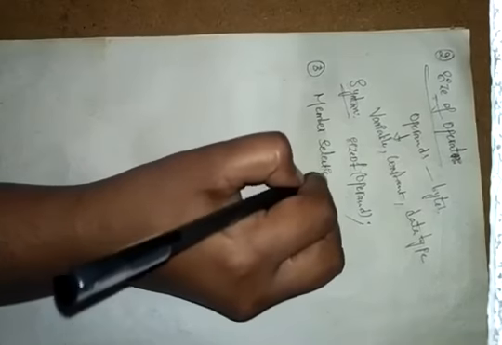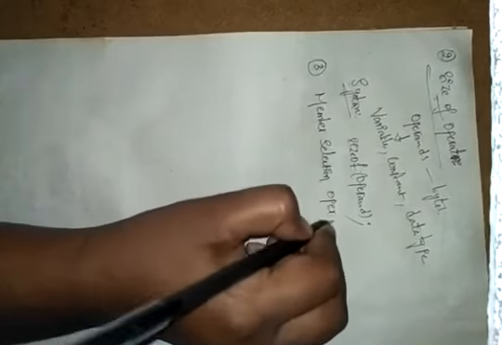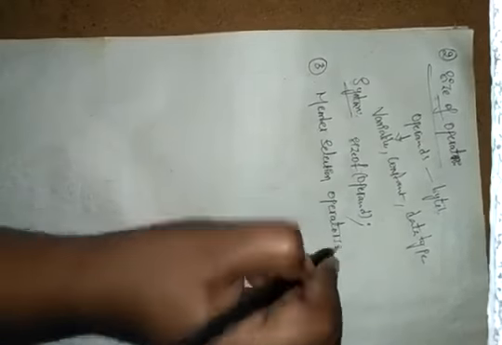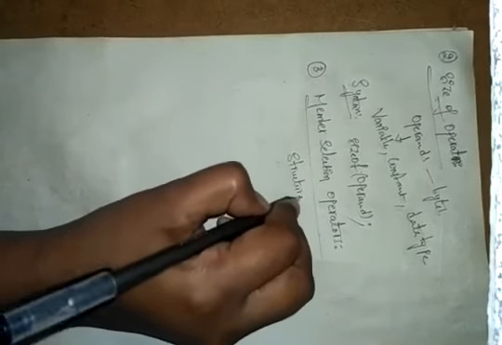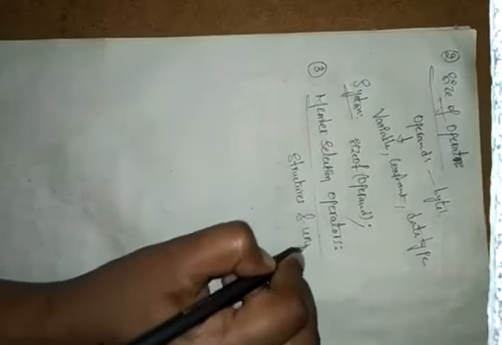Next, the third one we have is the member selection operators. The member selection operator is used to access the members of structures and unions.